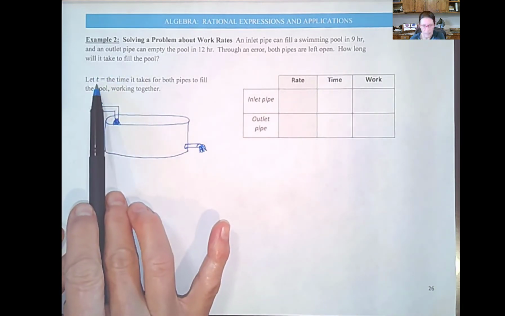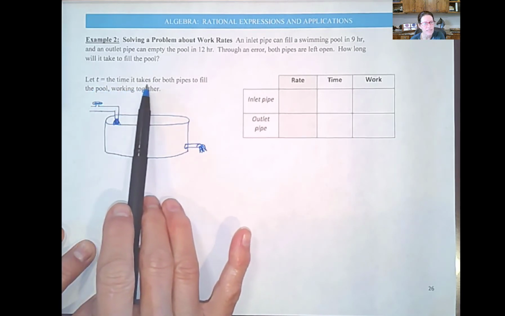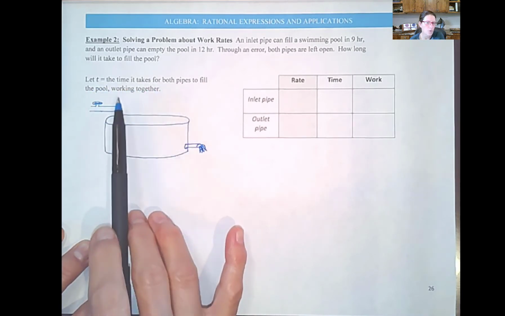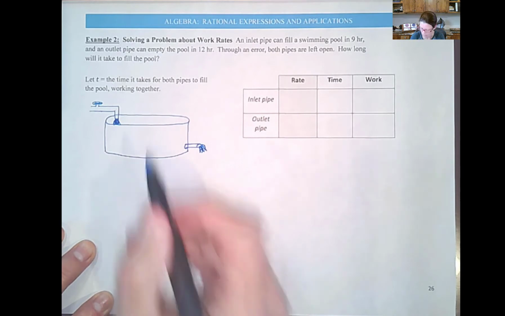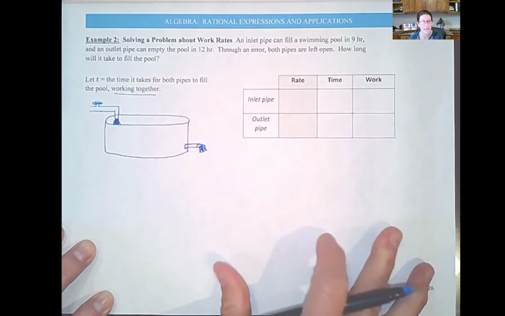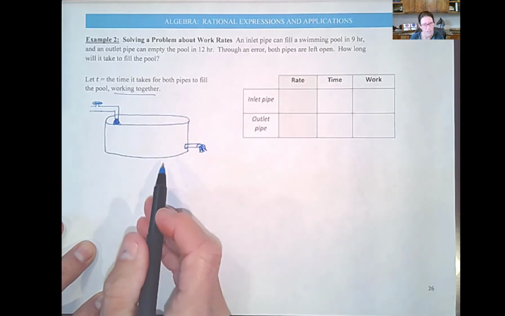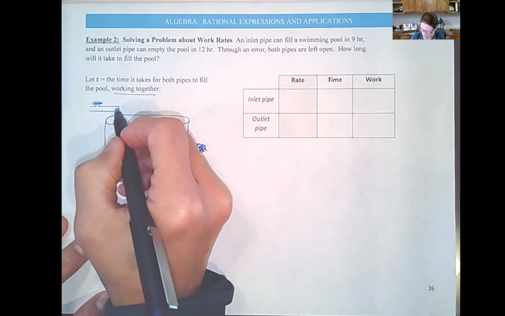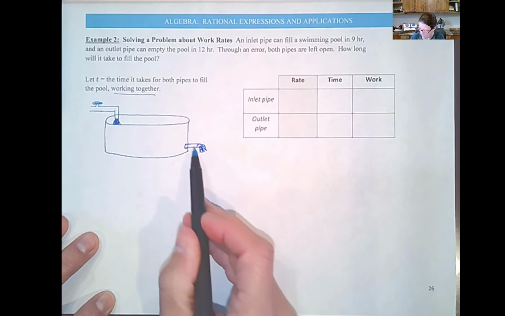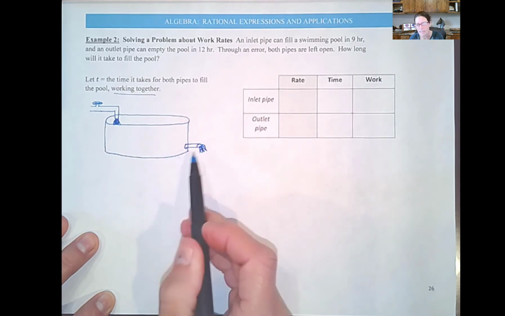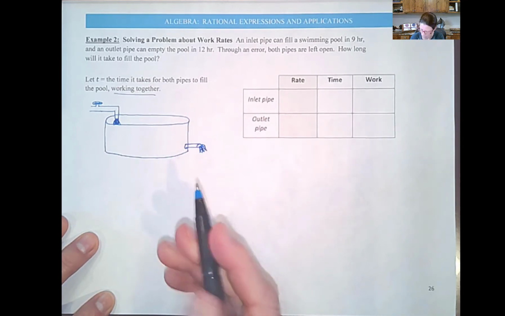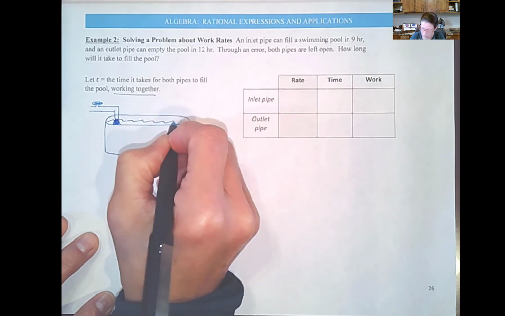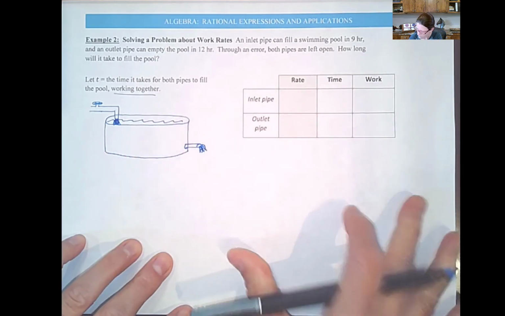Well, once again, we'll let T equal the amount of time it takes for both pipes to fill the pool working together. That's kind of an interesting way to say it. As we think about this visually, let's say this is an above-ground outdoor pool, and we've got the inlet pipe filling, and the drain was left open, so it's emptying at the same time, trying to get this full of water.